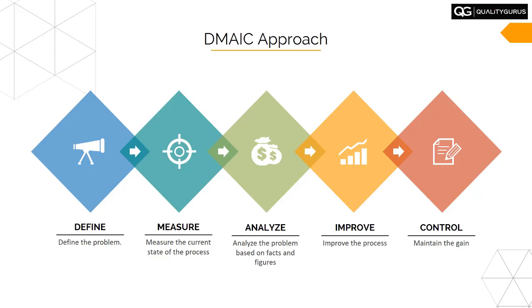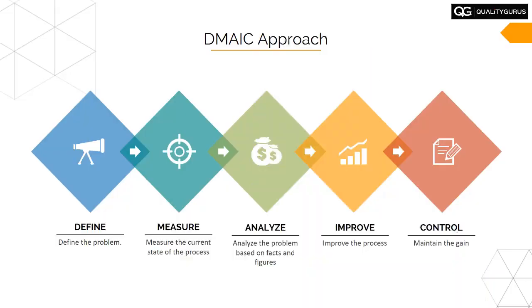problem you could have. The first thing you need to do is you need to define the problem, because once you define the problem, you would know what all is going wrong, where you stand, what's your current process. All these things are done as a part of define phase of DMAIC.